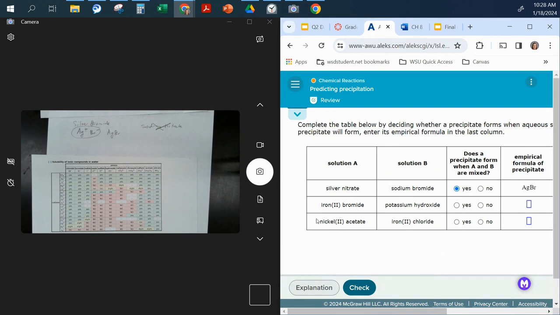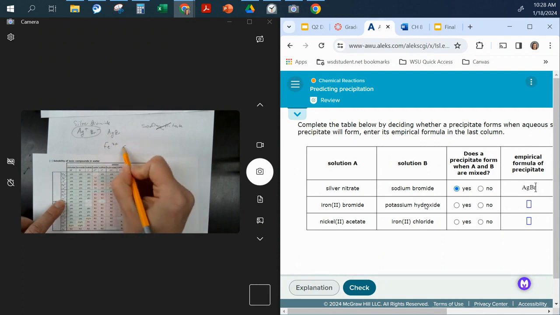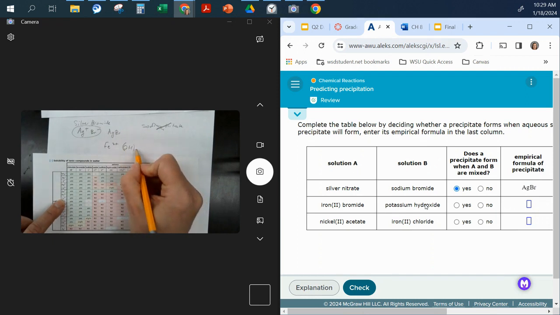Okay, next one, we're going to look at iron 2 and hydroxide. So I'm just switching the metal and the non-metal with the second metal and non-metal. So iron hydroxide. Oh, this one's so iron 2+ and hydroxide is a precipitate. It's not soluble. It's gonna crash out. So OH is minus.